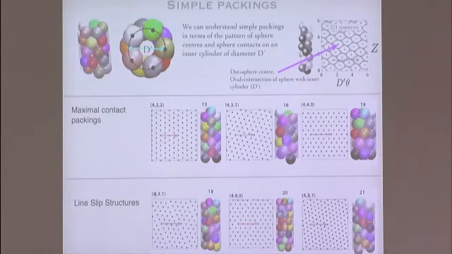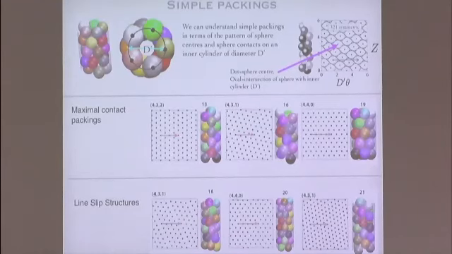The packings that I have, if I unroll them onto the plane, come in two types. They are either what I call maximal contact, that is, that each sphere is in contact with 6 other spheres, and these lines here indicate a contact, a neighboring contact. This arrow here is the periodicity vector, so by the time I've gone from here to here, I've actually gone once around the entire cylinder.